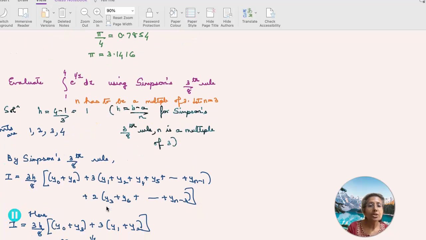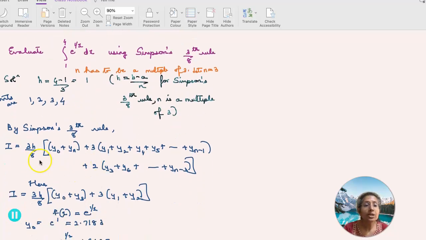Now by Simpson's 3 by 8 rule, I equals 3h by 8 into y0 plus yn plus 3 times all the terms except multiples of 3 and then 2 times multiples of 3. So this is 3h by 8 into y0 plus y3 plus 3 times y1 plus y2, and these terms are not there because you only have terms 1, 2, 3, 4.